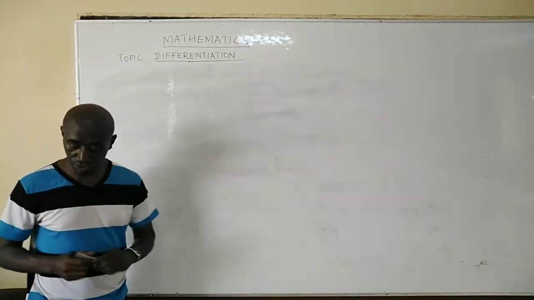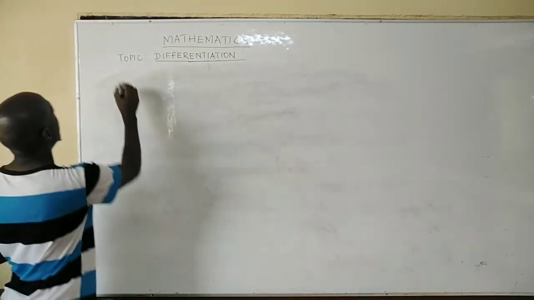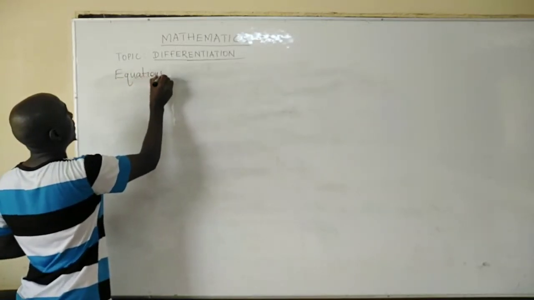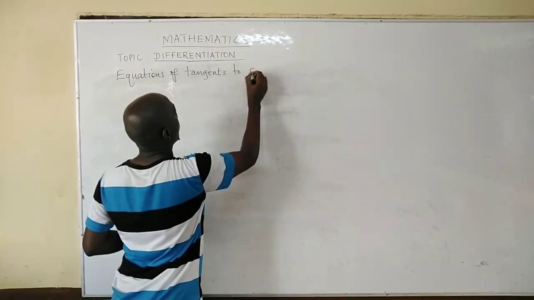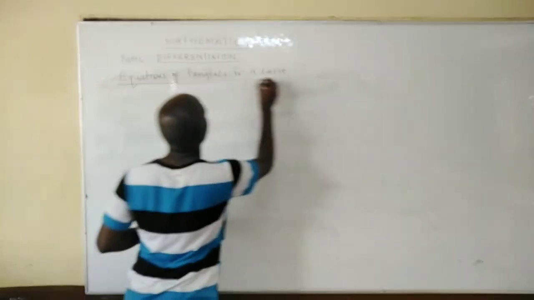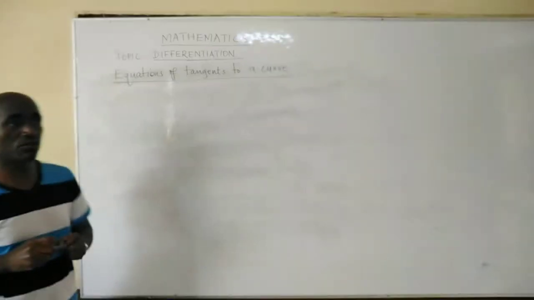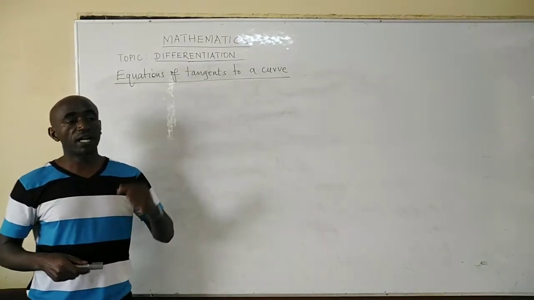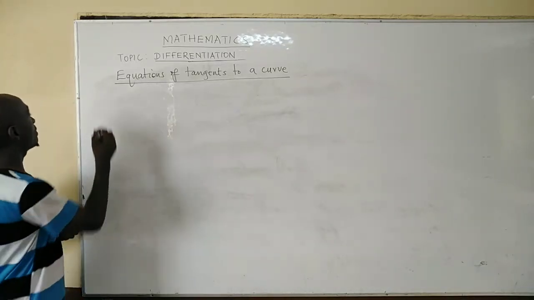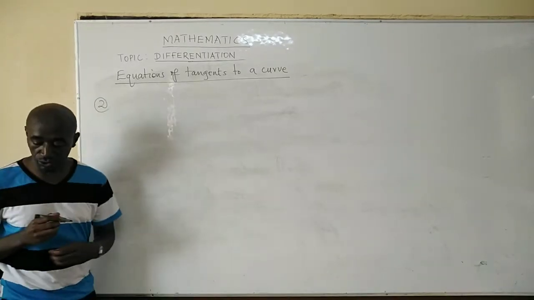It is equation of tangent to a curve. That's what we are discussing today: how to find the equation of a tangent to a curve. And we have done example 1. Let's go to example 2.